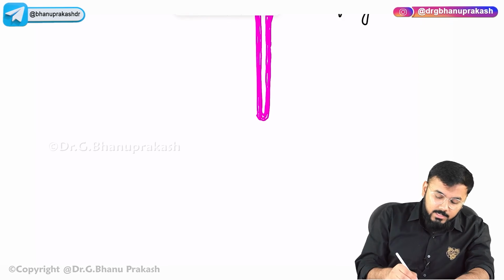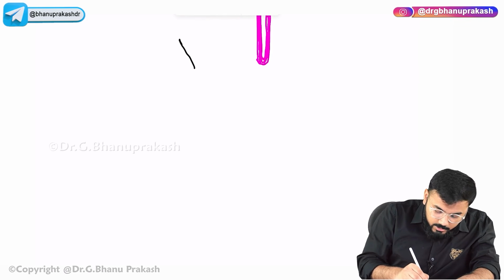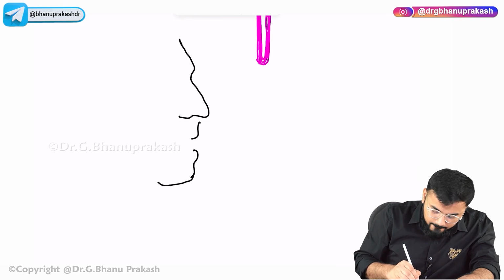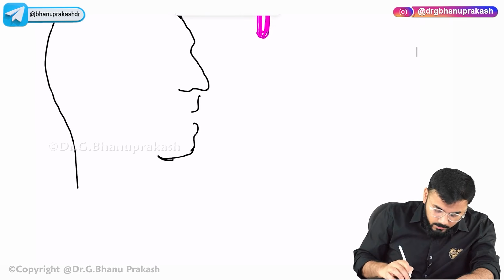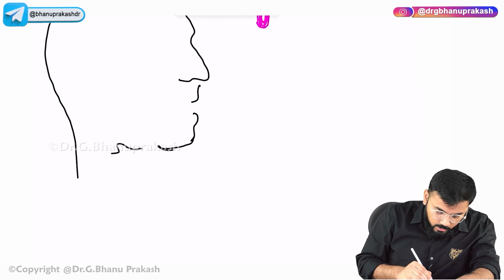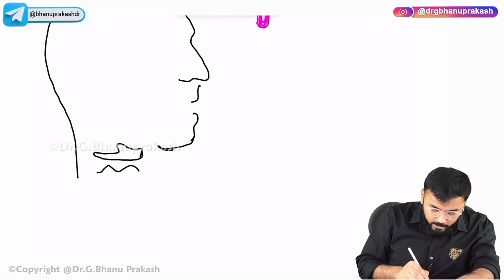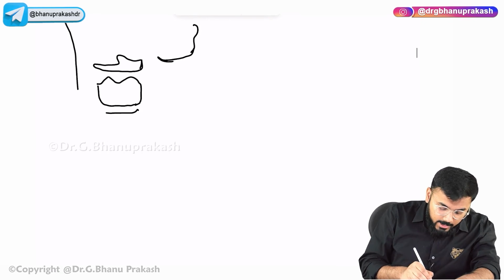Now all of you just look here. Let me draw a small picture. Here you have your hyoid bone like this. Down to the hyoid you have the thyroid cartilage, and below this you have your cricoid cartilage, and all these are your tracheal rings.